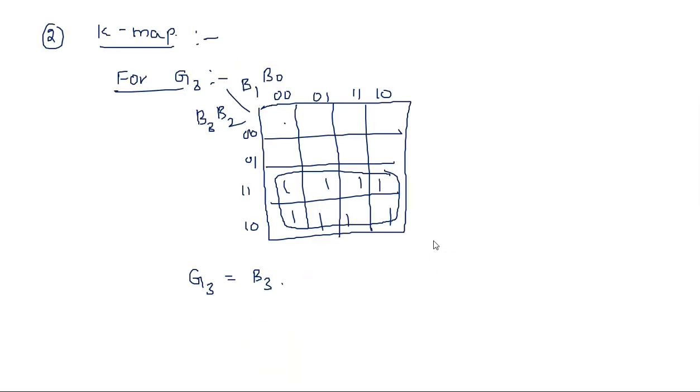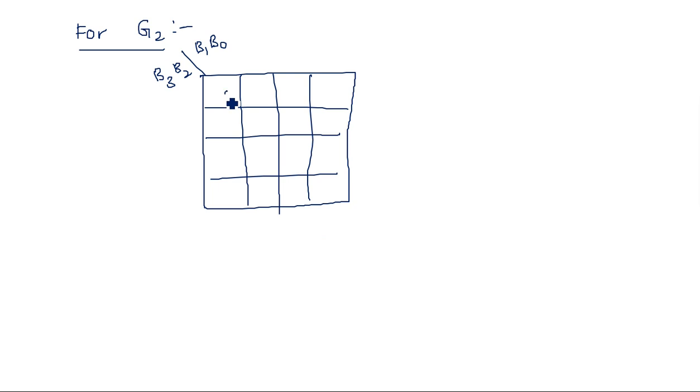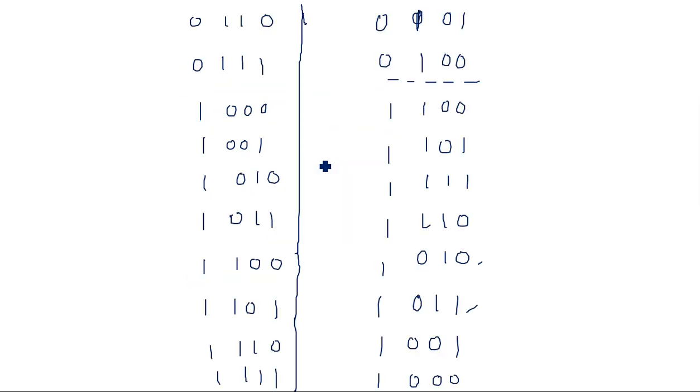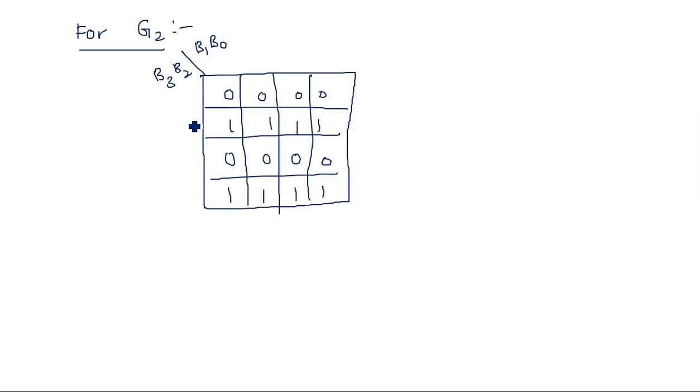Okay, 0, 0, 0, 0, 1, 1, 1, 1, 1, 1, 1, 1, 0, 0, 0, 0. So you can map only these 4 and these 4 together.